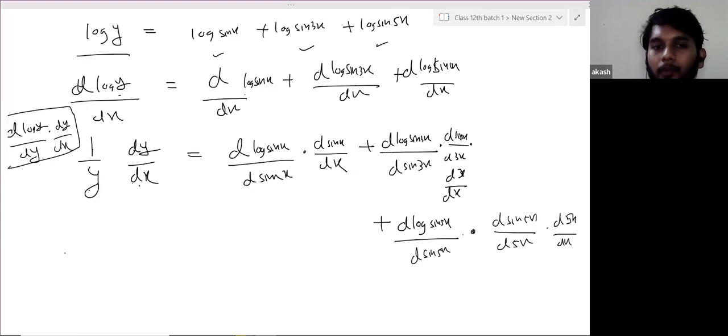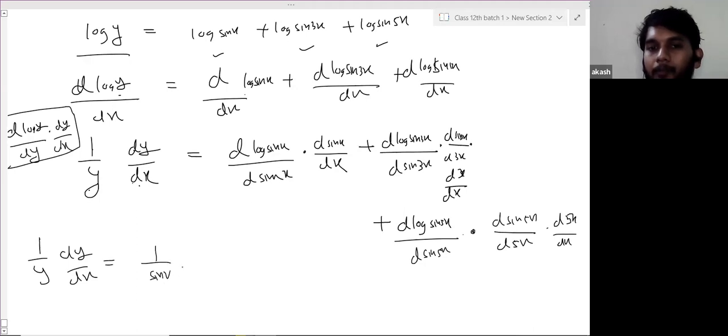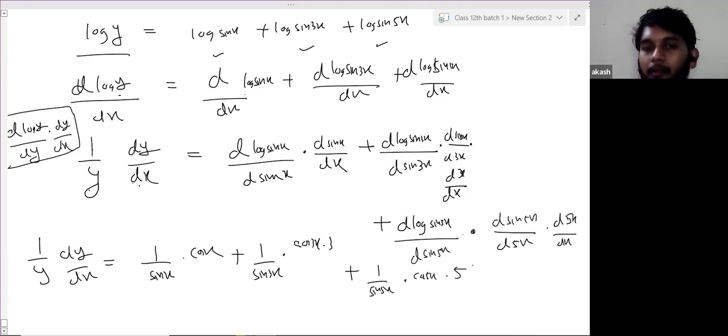So this will be 1 upon y dy by dx equals 1 upon sin x into cos x plus 1 upon sin 3x into cos 3x into 3 plus 1 upon sin 5x into cos 5x into 5. This thing is clear to everyone?